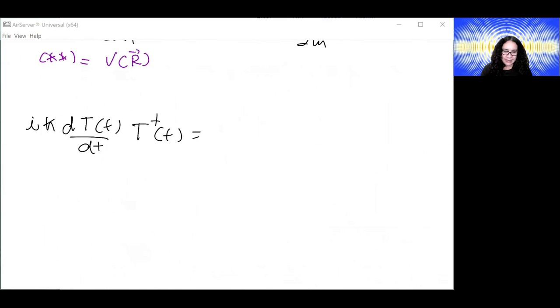So using T, I'm going to get minus I, and what I get down is minus I divided by H bar. You have plus I, sorry.